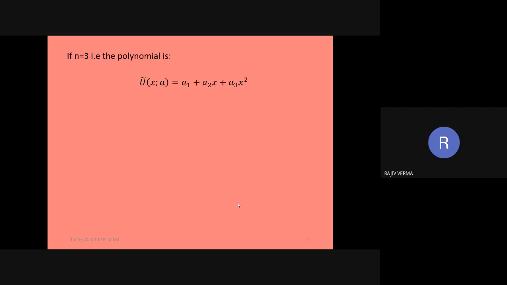Sometime ahead, that is maybe tomorrow, we are actually going to modify the form of the polynomial in which a1 and a2 actually are going to represent the values of temperature at the nodes. For the time being, this is simply a polynomial where a1, a2 and a3 do not represent the temperature at any specific location.